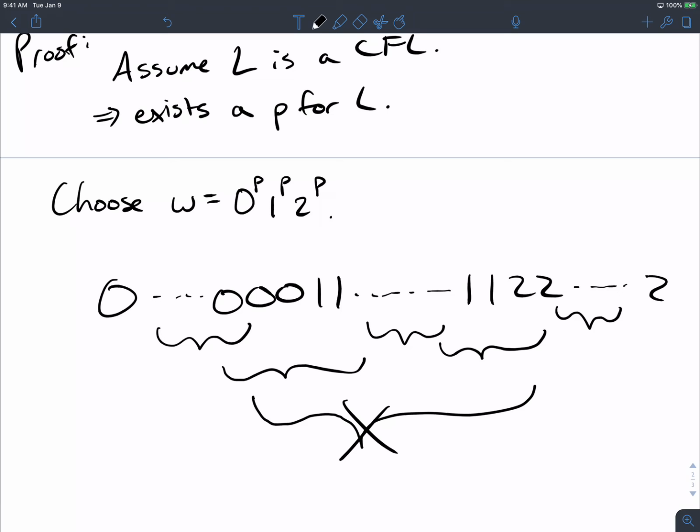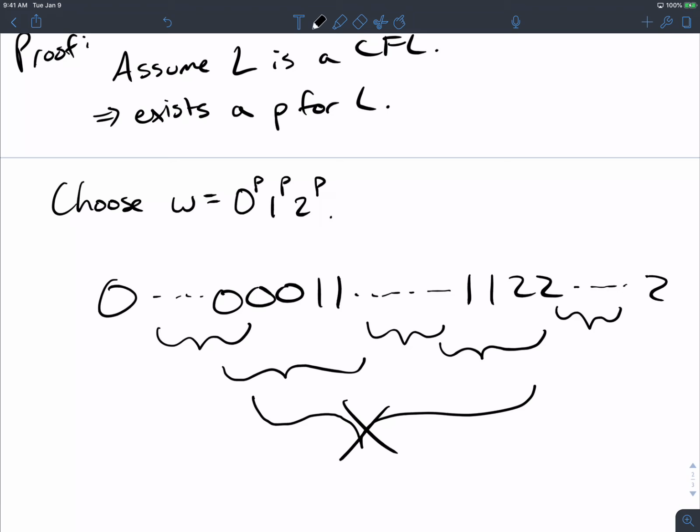So could it be that I pump into any one of those 5 scenarios? I put more of something in the string, and the number of 0s, 1s, and 2s goes up or down uniformly the same? Well, consider what happens. If it's just in the 0s and I put more 0s in, obviously the number of 1s and 2s are going to be the same, different than the number of 0s. Is that in the language anymore? No. And for the same reason, if we did it in the 1s or in the 2s, it would give the same result.